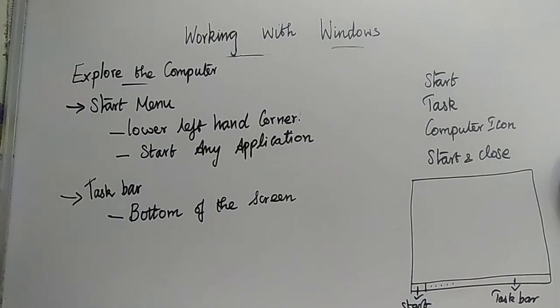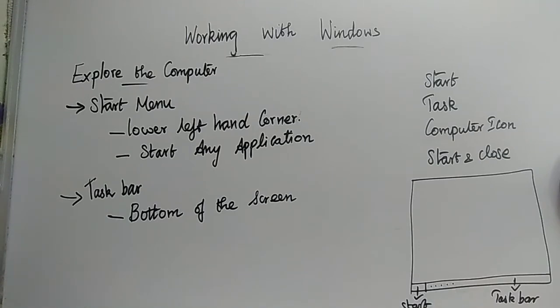For example, if you have Mozilla Firefox or any other browser, then instead of always entering into the start menu and clicking, you have another option. Instead of going in a long way, you can just select the icon that is available in the taskbar.